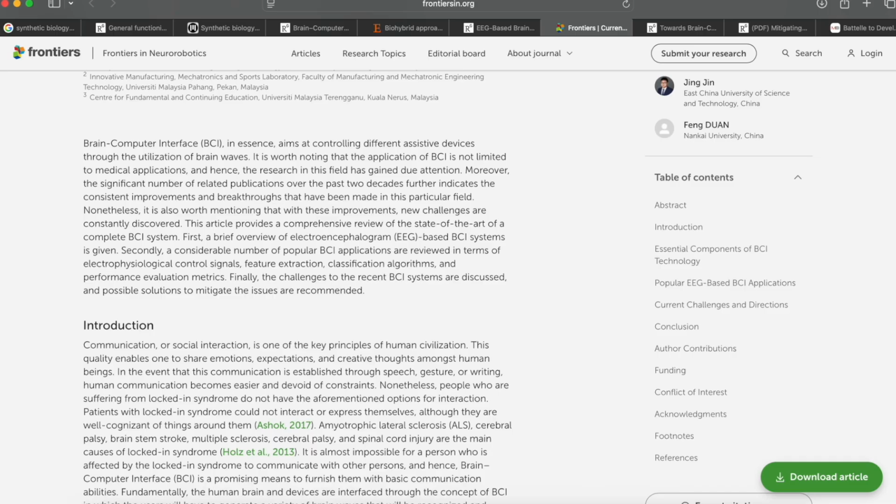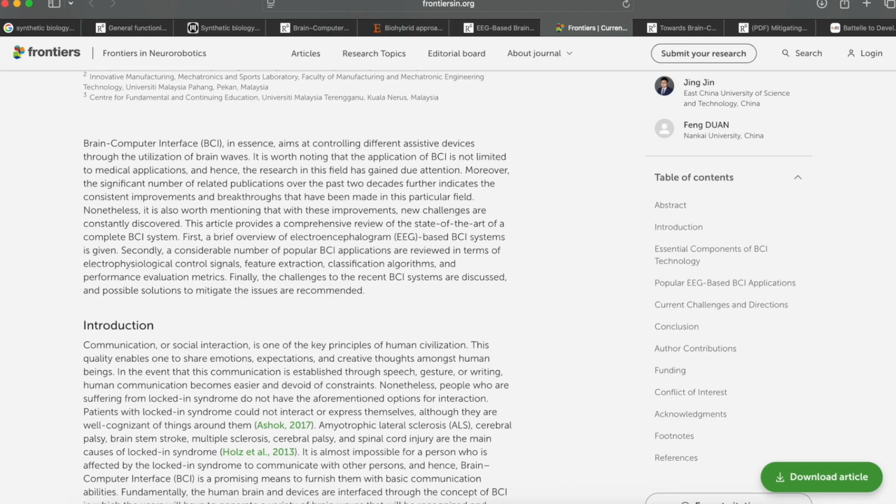It is worth noting that the application of BCI is not limited to medical applications, and hence, research in this field has gained due attention. Moreover, the significant number of related publications over the past 2 decades further indicates the consistent improvements and breakthroughs that have been made in this particular field. So again, related publications over the past 2 decades.